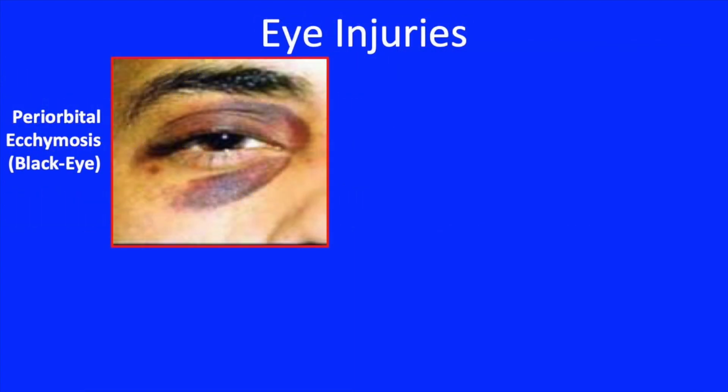Eye injuries, too, are expressed as a function of surface anatomy. Periorbital ecchymosis, black eye, for example, is nothing more than trauma to the head or face which causes bleeding beneath the skin. When the small blood vessels beneath the skin break, blood leaks into the surrounding tissue, causing the discoloration.